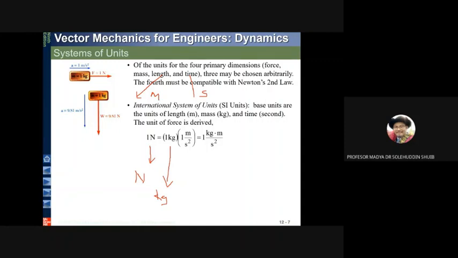The unit of force is the Newton, and then mass times acceleration: mass is 1 kilogram, and acceleration is 1 meter per second squared. And then the unit we have here is 1 kilogram meter per second squared. This is SI.